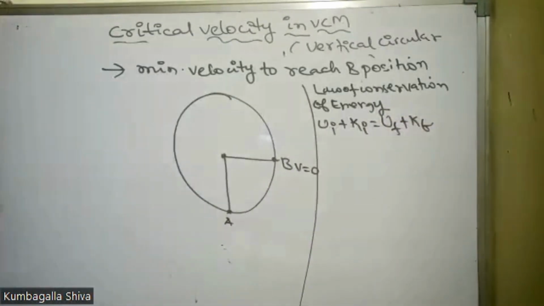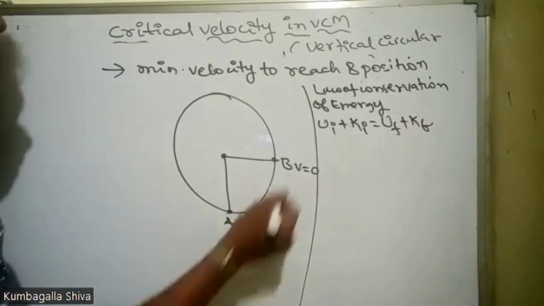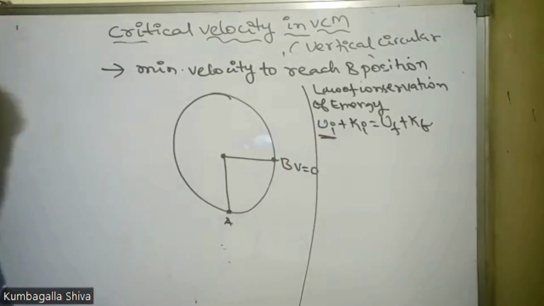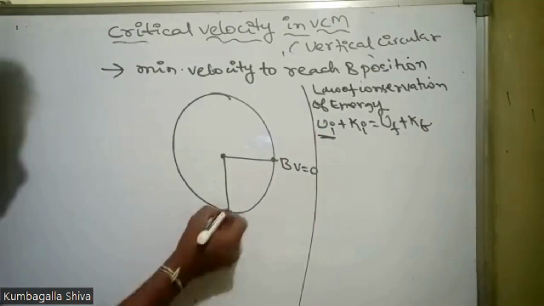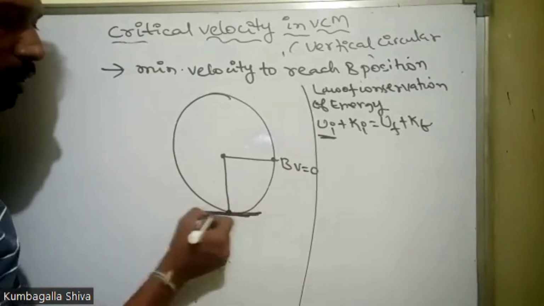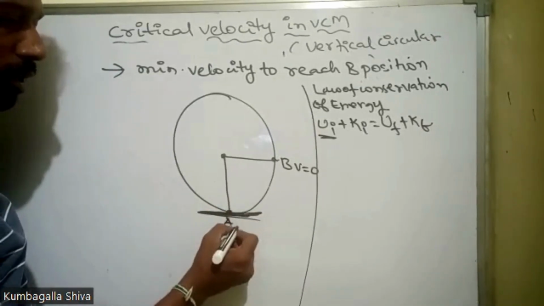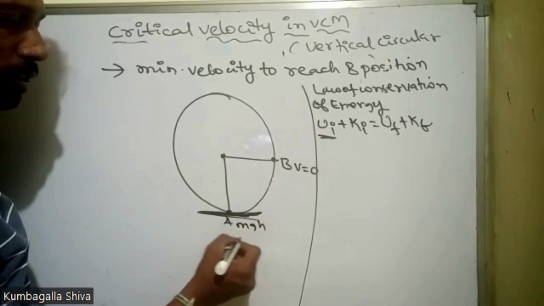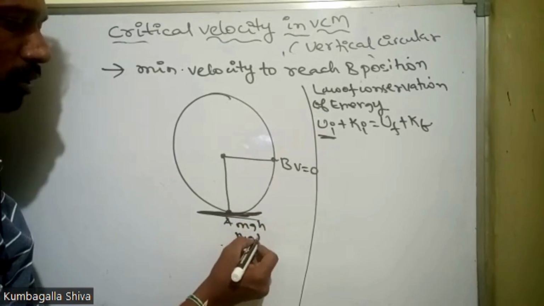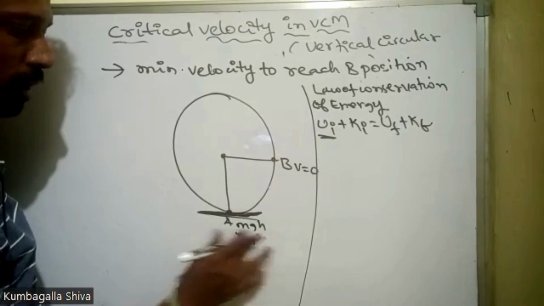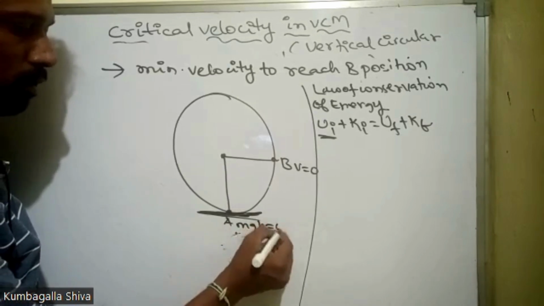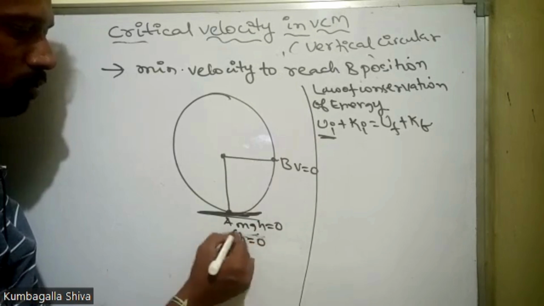This is the equation we made. Now we know U initial. What will be the U initial? U initial at this reference will be mgh, but h here is 0, so mgh will be equal to 0.